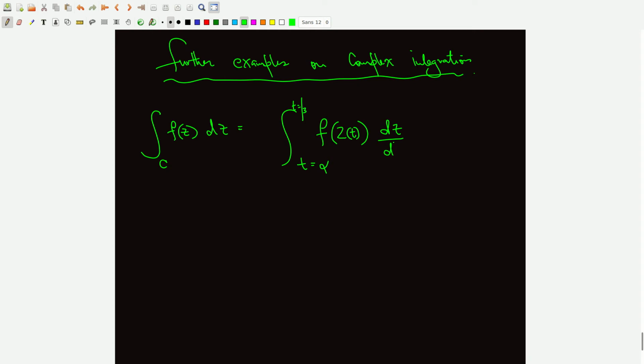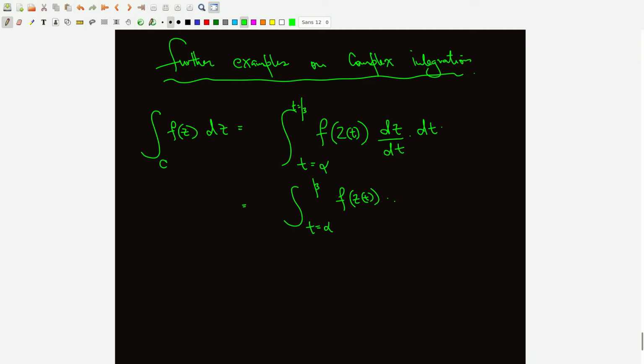And then rather than having just dz, we have dz times dt, which ideally we are going to write as the integral from t equals alpha up to t equals beta of f of z of t.